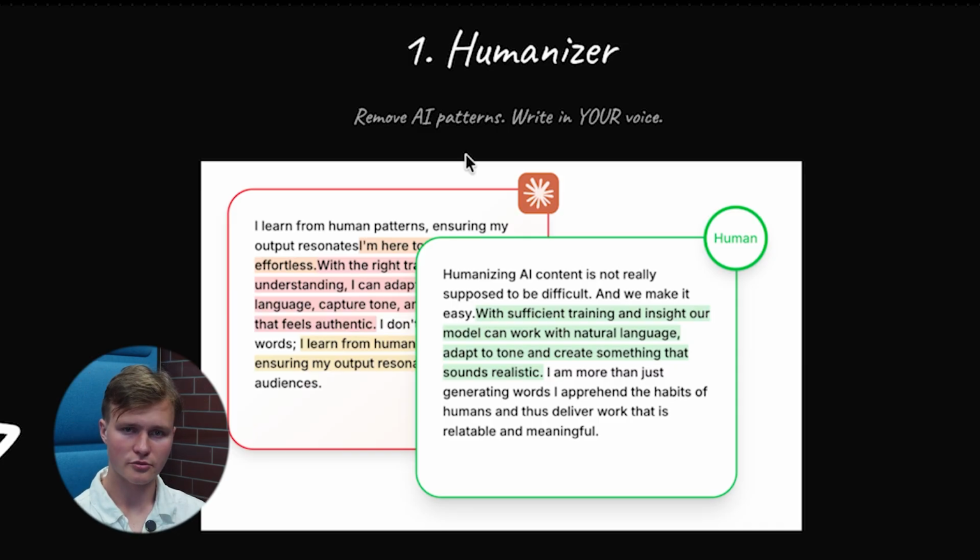Google and also social media algorithms have some rules to decrease the value of AI content. If you make a LinkedIn post, it's better to use Humanizer. What does this skill do? It detects 25 specific AI-written patterns, removes them, and also it can make a sample of your writing. For example, you have some patterns in how you write text, and this skill can recreate these patterns and it looks like it's your own text.